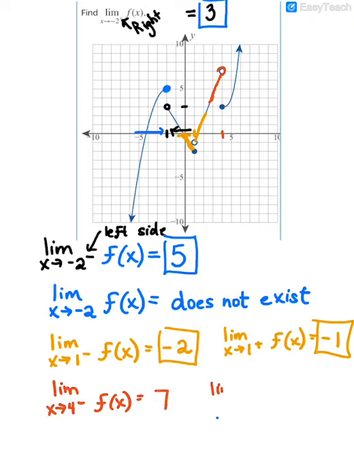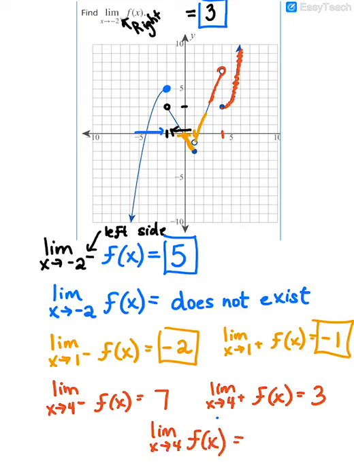Whereas if we look at the limit as x approaches 4 coming from the right-hand side, then you're following this part of the graph. And as I get close to 4, I notice my y value is at 3. So once again, if they ask what is the limit as x approaches 4, not from the left or the right, it does not exist.